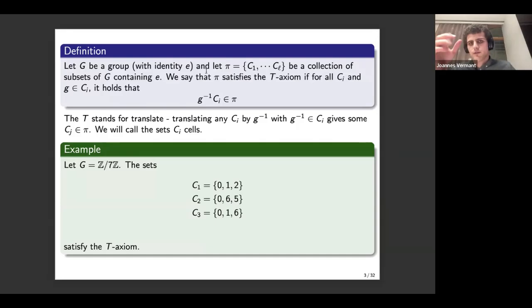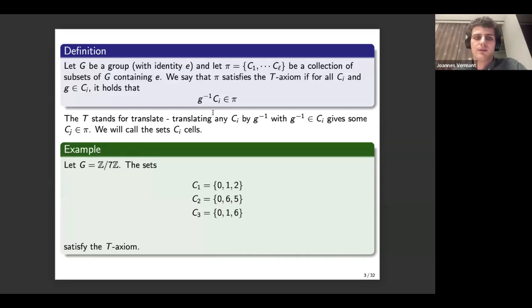If we have a collection of subsets of G containing the identity, then we say that this collection satisfies the T axiom if for all C_i and for any element g which is contained in this set C_i, it holds that g inverse times C_i is again an element of the collection Π.